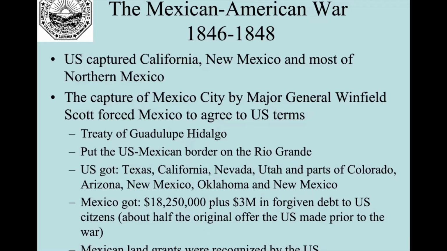They got about $18 million plus some forgiven debt, mostly to Texans. And this was interesting, about half what the United States offered prior to the war to settle the Texas question. And then Mexican land grants were recognized by the U.S., but of course, people who study California history know that these really weren't recognized, and this part was ignored.